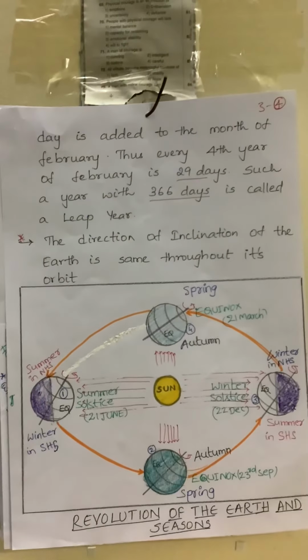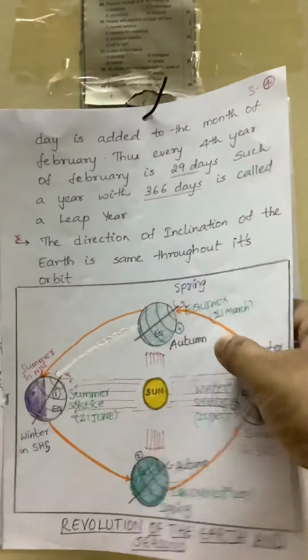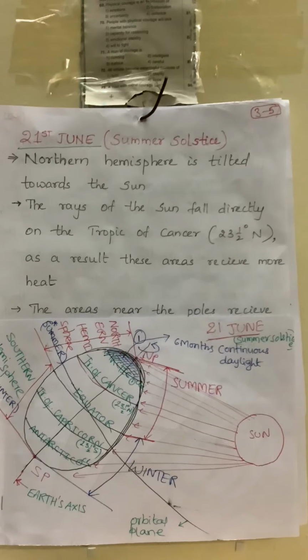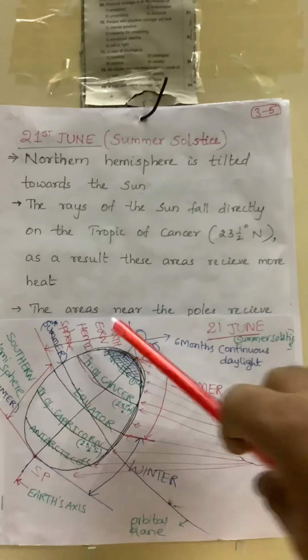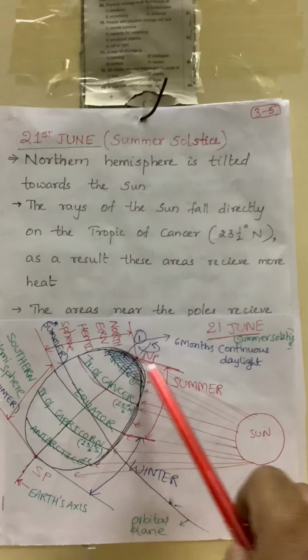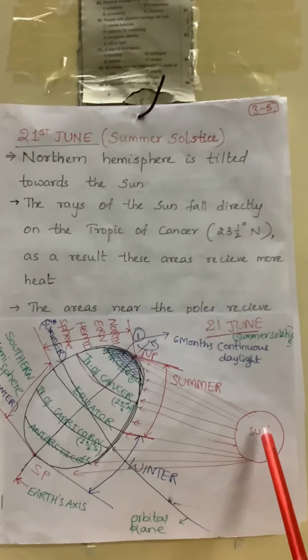So this figure represents the revolution of the Earth and seasons. Let us see what will happen on 21st June. If you observe this figure, the northern hemisphere is tilted towards the sun, right?